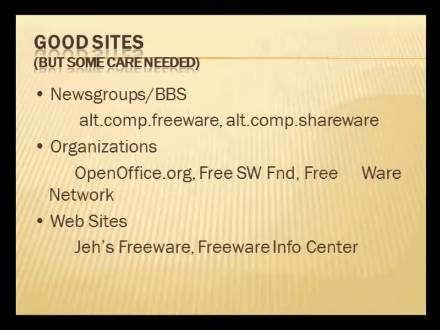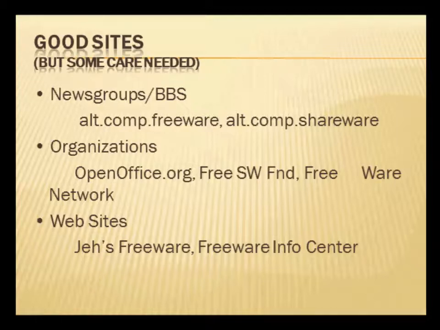Some other sites that I've used in the past are AltComp Freeware and AltComp Shareware. Those are newsgroups where people post their new freeware and shareware. Some organizations: OpenOffice.org, FreeSW, Find Freeware Network, Jez Freeware and Freeware Info Center.